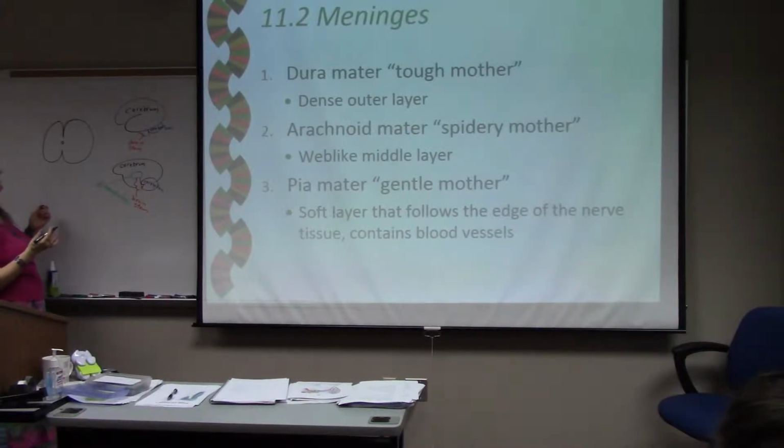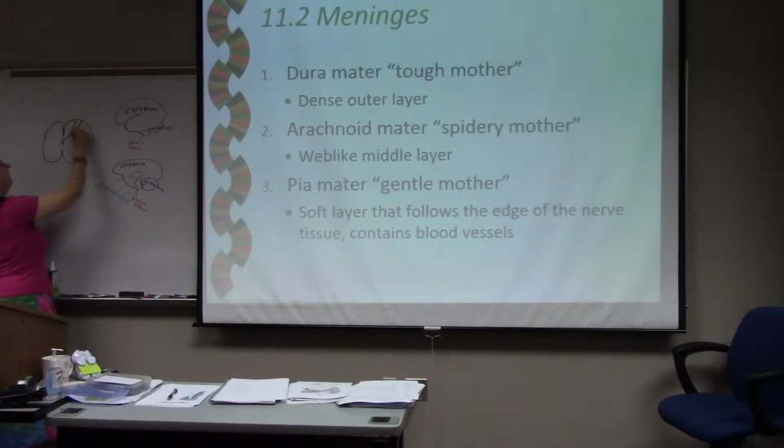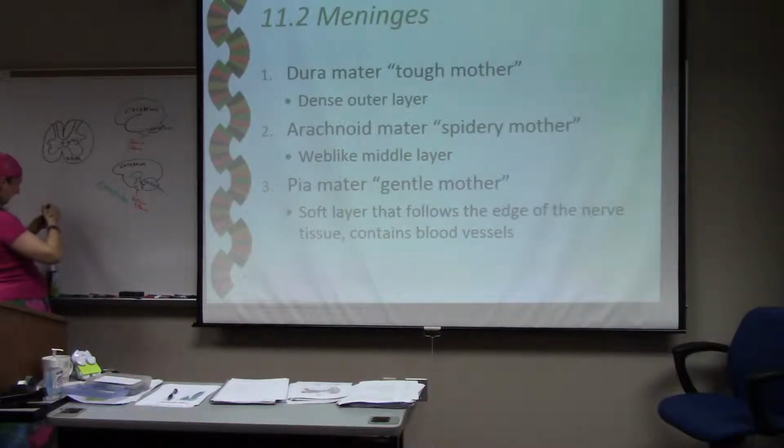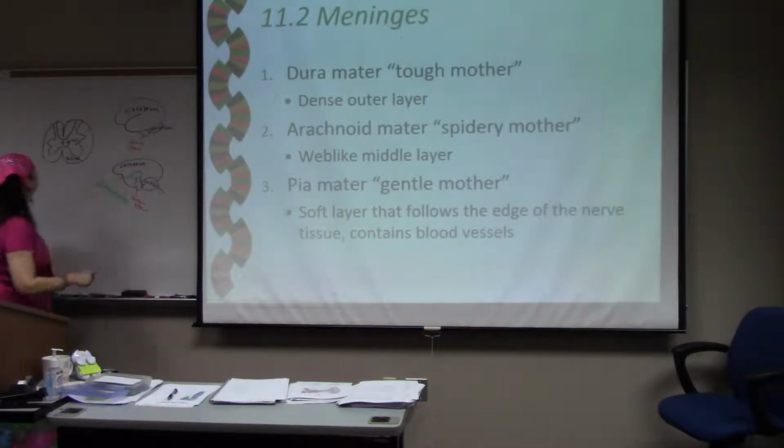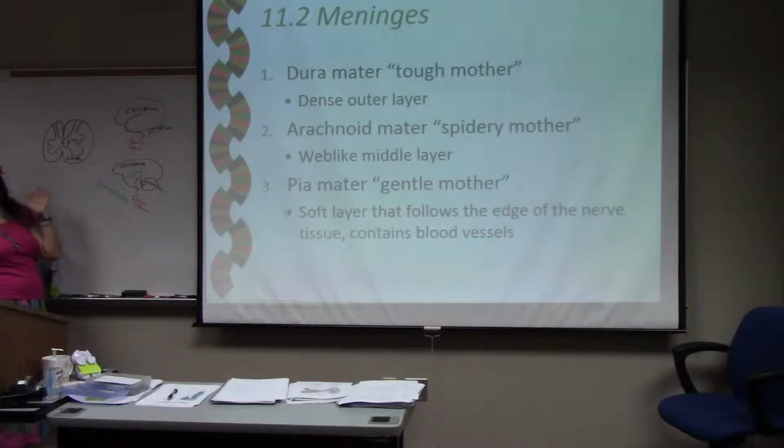I never seem to draw this symmetrically. So this is roughly what a cross-section of the spinal cord would look like. White matter around gray in the middle.